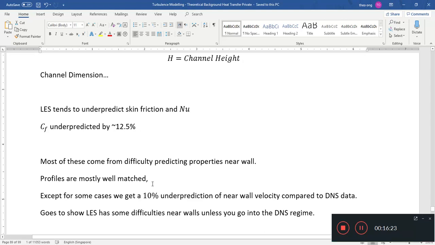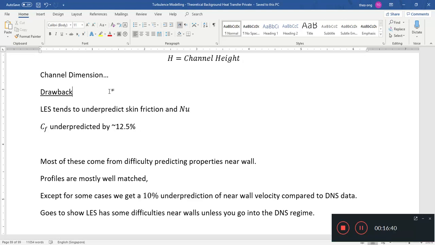All right, drawbacks. So these are some drawbacks of LES simulation in large channel flows. It tends to underpredict skin friction and Nusselt number.